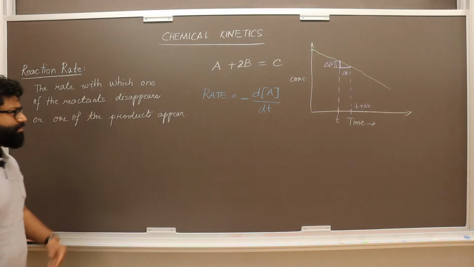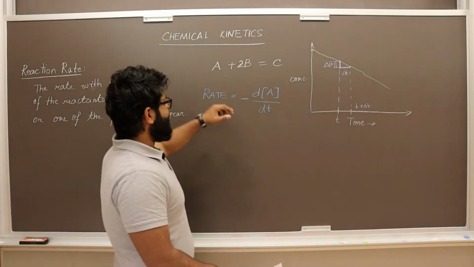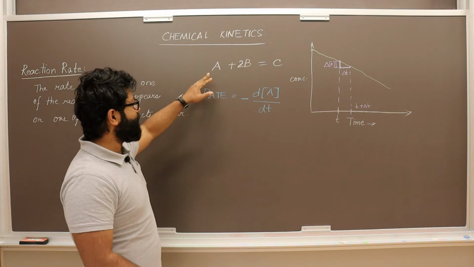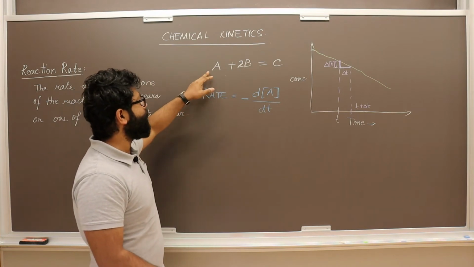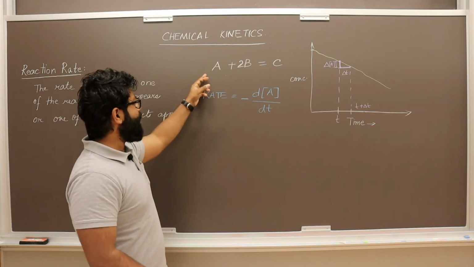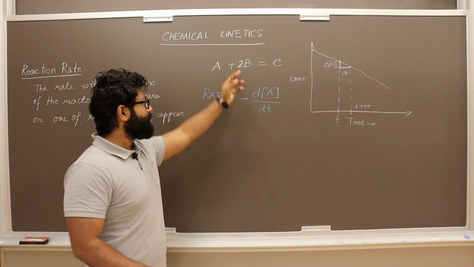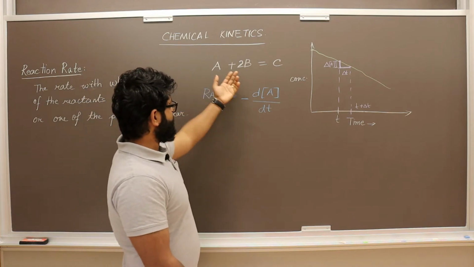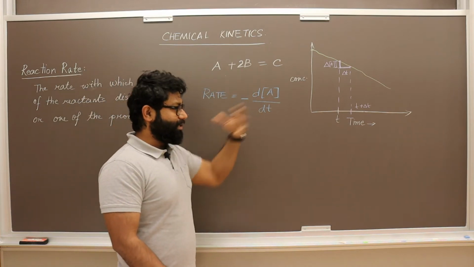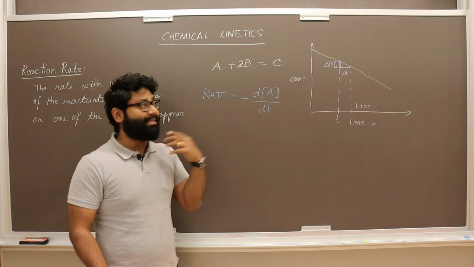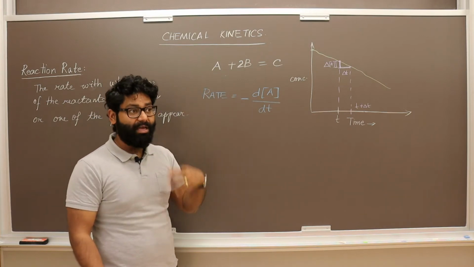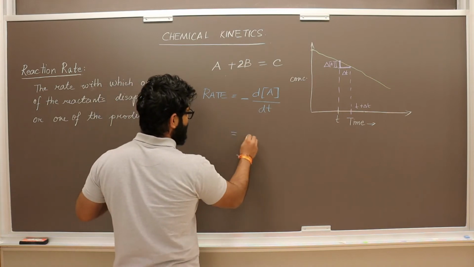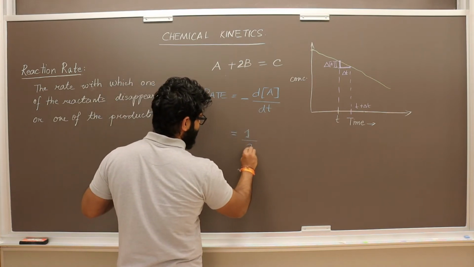Okay? Now, we also see that for each mole consumption of A, so if the reaction is consuming 1 mole of A, how many moles of B are getting consumed? 2 moles of B are getting consumed, right? So the consumption of B is double that of the consumption of A, right? So if we want to get the same rate, what do you have to do? You have to divide by 2, right?